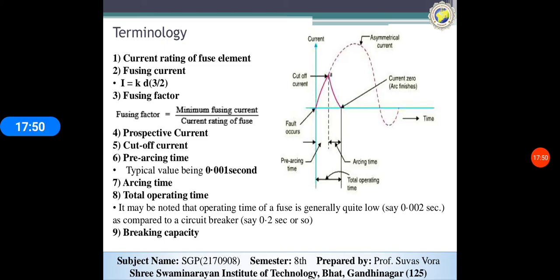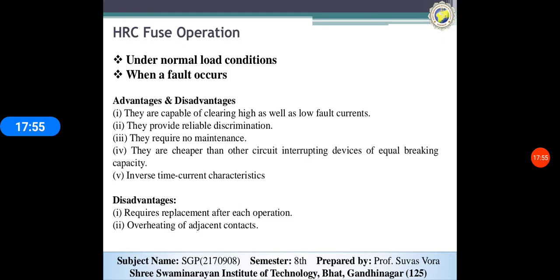At that time the current reaches its first peak, heat is produced, and the filling powder is vaporized and the silver element melts. The chemical reactions between the silver vapors and the filling powder result in the formation of a high resistance. You can see the figures.